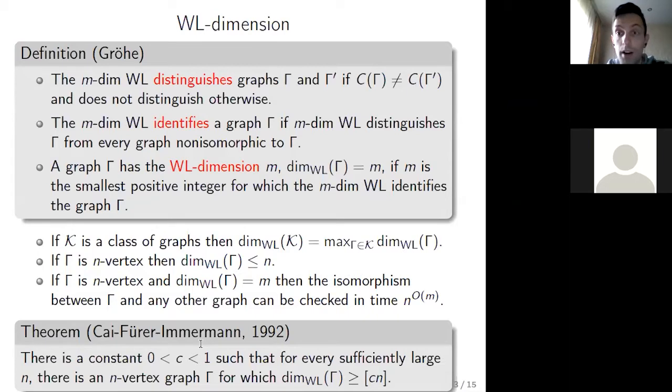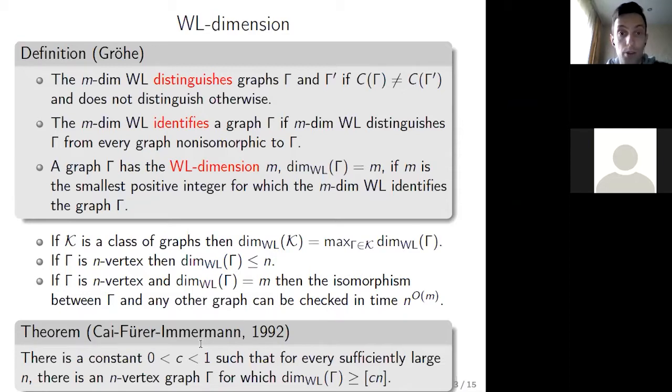One can check that if the m-dimensional Weisfeiler-Leman algorithm identifies gamma, then the Weisfeiler-Leman algorithm of dimension greater than m also identifies gamma. So a graph gamma has Weisfeiler-Leman dimension m if m is the smallest positive integer for which the m-dimensional Weisfeiler-Leman algorithm identifies our graph.